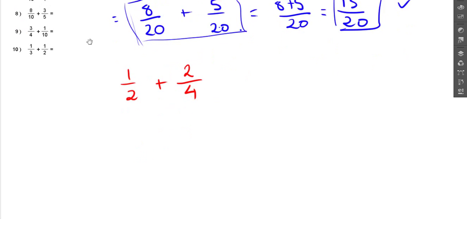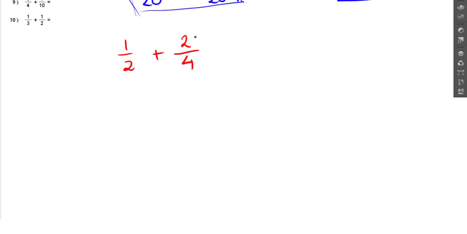That's right. Yep. And we can see that 2/4 is the same as a half. So if we really want to answer a half plus another half, that makes one whole, doesn't it? But let's see if that's the case. Well, logic tells us it's a whole. That's the answer. But let's see what we get.